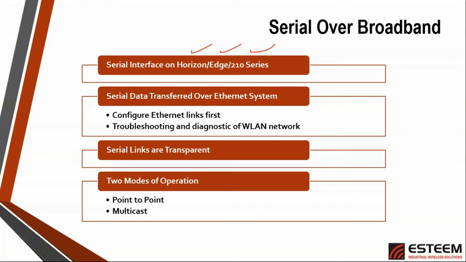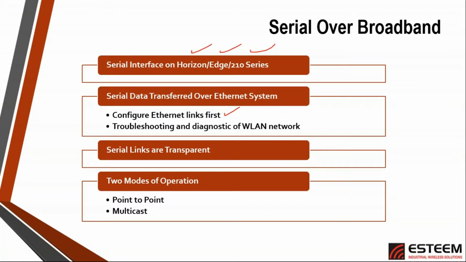Why this is important to understand is that when we're talking about serial communications between devices, you're going to configure it exactly like an Ethernet interface. There's no changes to it. You lay the networking out exactly the same way. It works in all modes. It'll work in bridge mode, router mode, firewall mode.